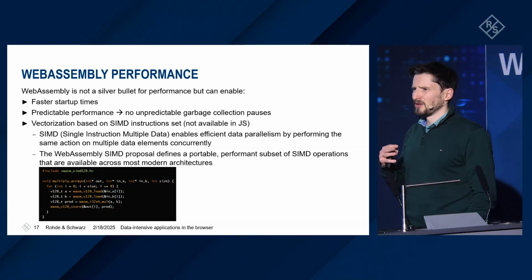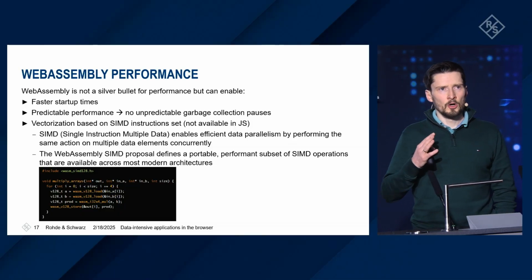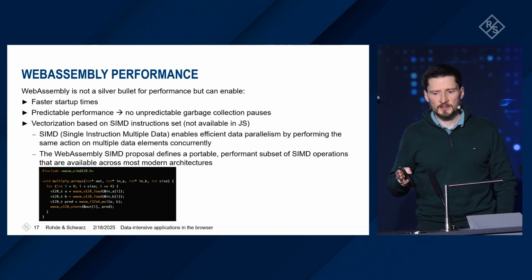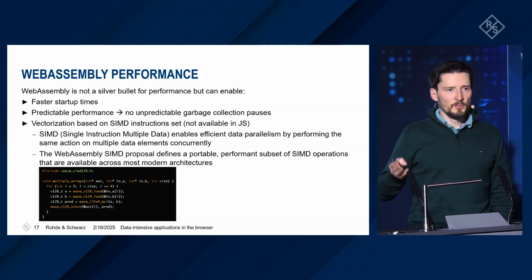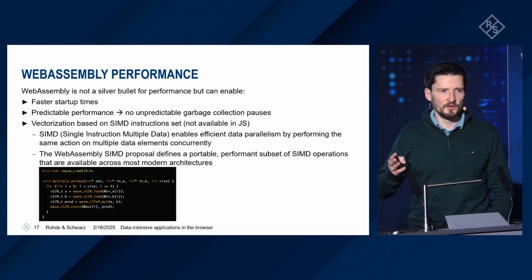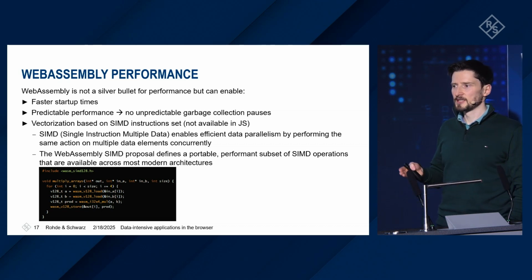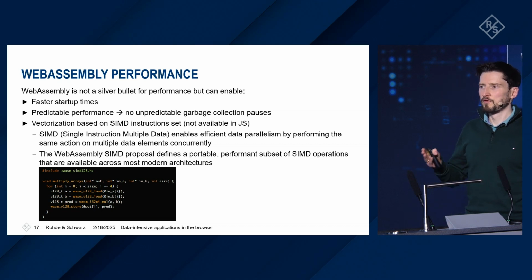Then you have predictable performance, you have no garbage collection, and you're more on the optimized, fast path. In JavaScript, it's often a problem if you leave the optimized path because you are using, for example, polymorphism, then it really slows down the overall performance of your application.